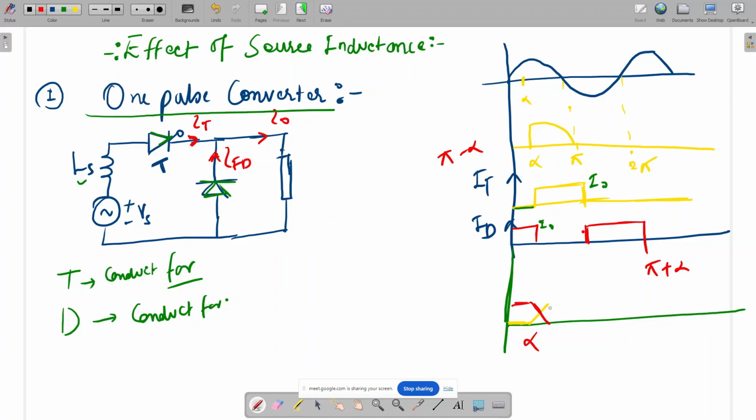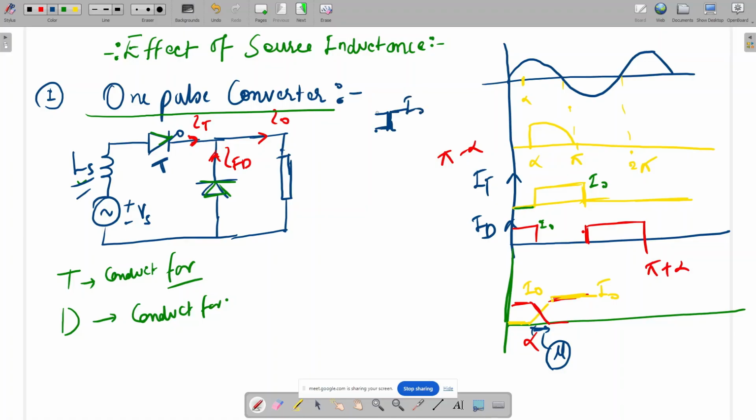This is alpha. After alpha, what is happening? The thyristor current is going from 0 to I naught, and the diode current is coming from I naught to 0, but this will not go instantaneously to 0 and I naught. This period is called the overlapping period, and it is because of the source inductor. In the ideal case, the diode current would go instantly from I naught to 0 and the thyristor current from 0 to I naught.